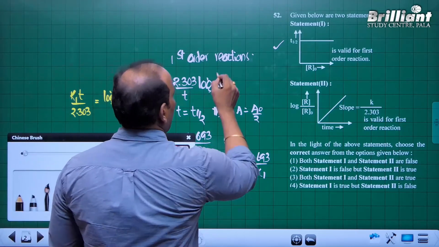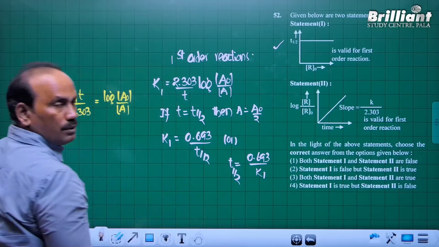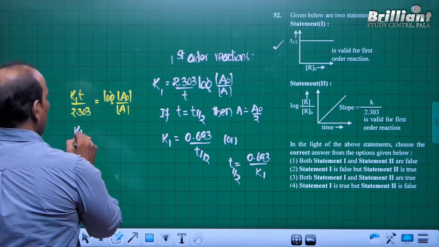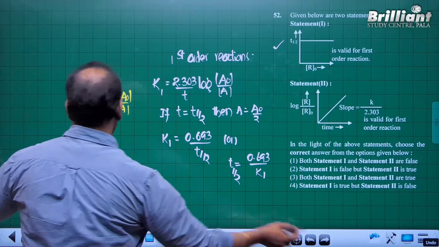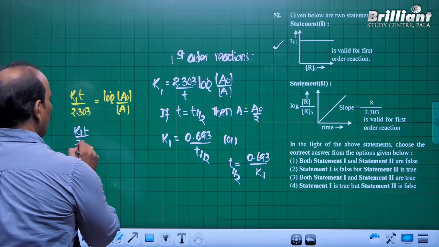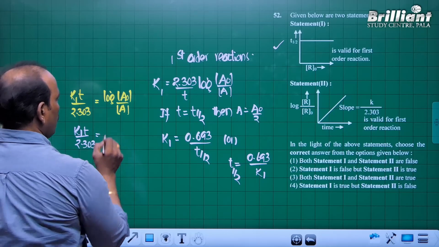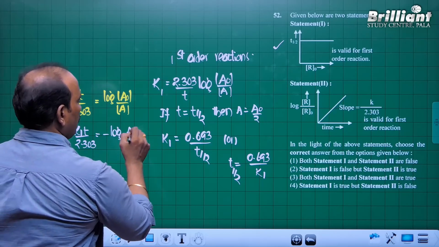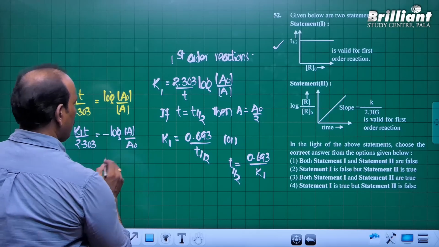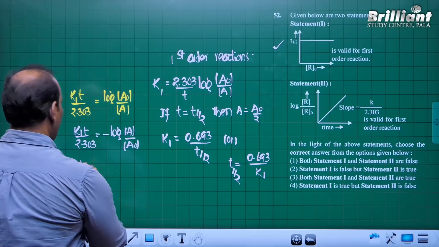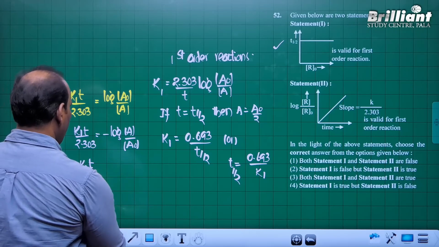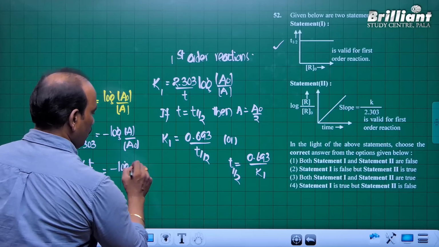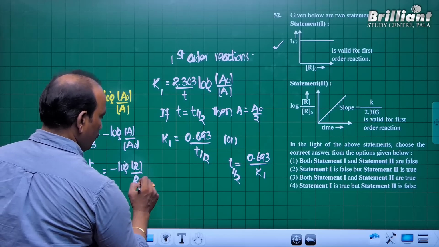Then K1 T by 2.303 equal to, taking the reverse, minus log A concentration by A0, which is nothing but K1 T by 2.303 equal to minus log R concentration by R0 concentration.